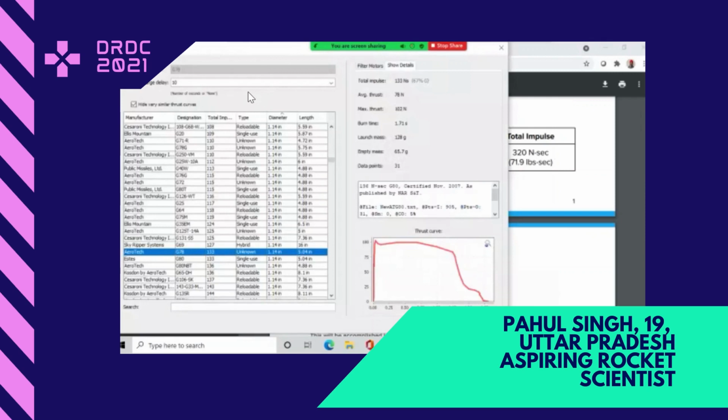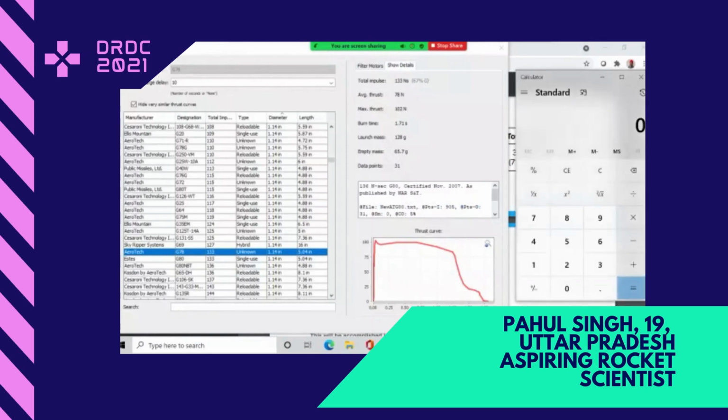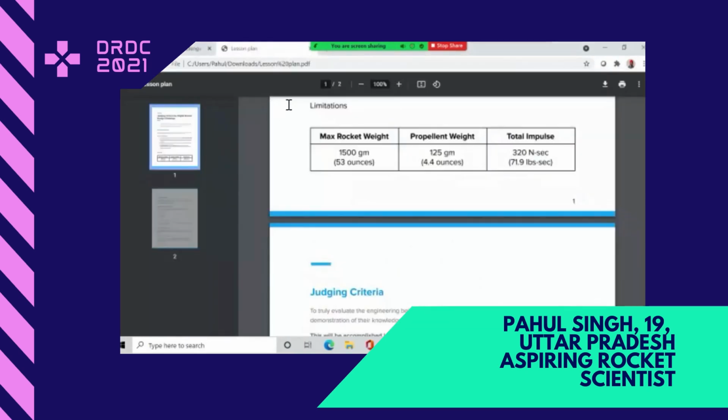Secondly, the launch mass is 128 grams and the empty mass is 65.7 grams. If I subtract the weight, it gives me 62.3 grams of propellant used by each motor. Multiplying by 2 for two motors, the net propellant is 124.6 grams, which is well below the limit of 125 grams of propellant weight.